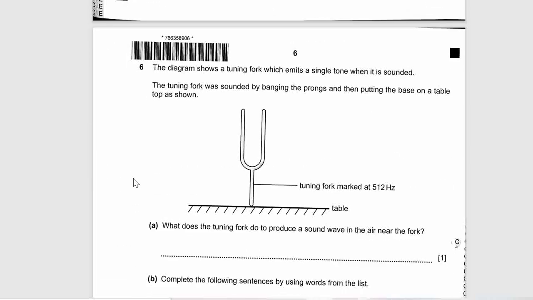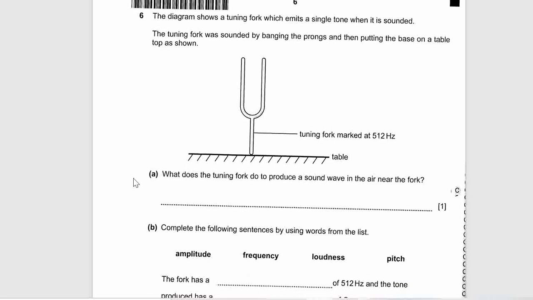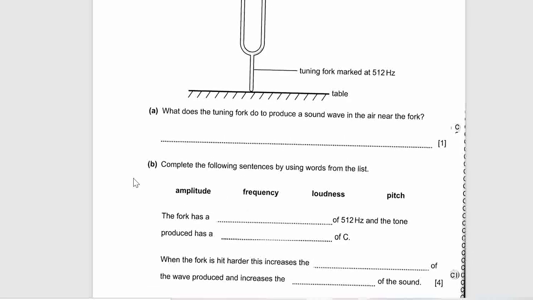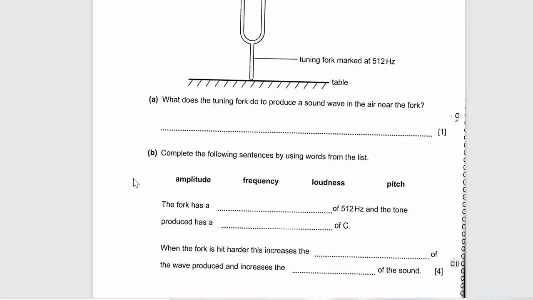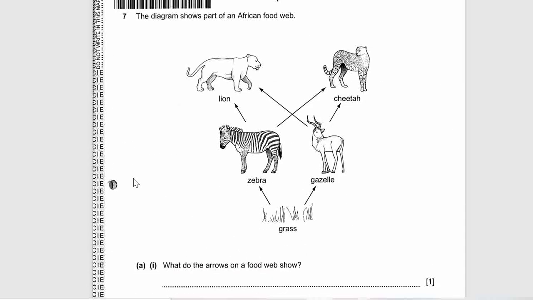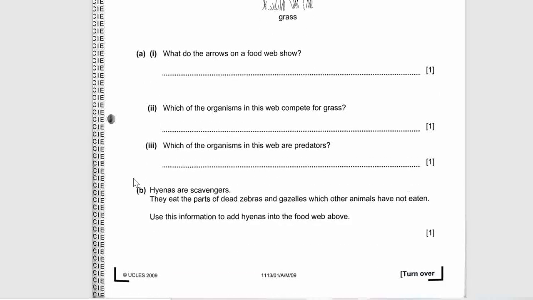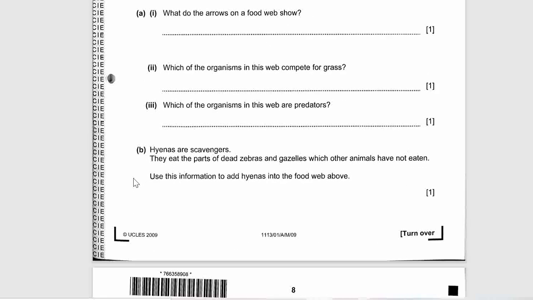Next is question 6a and 6b. 6a, and then this is 6b. Next is question 7a, and this is A part 1, part 2, part 3, and question B.